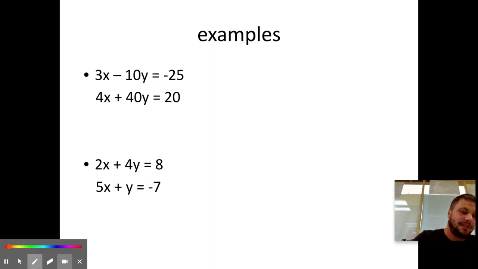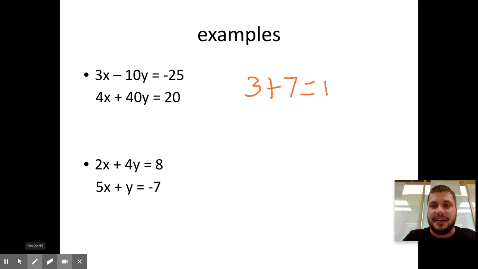Now, let me give you something that you may or may not know in math. Let's take an equation that we know to be true. For instance, 3 plus 7 equals 10. I know that equation is true. I can manipulate any true equation using multiplication and multiplication only, because that equation remains true.